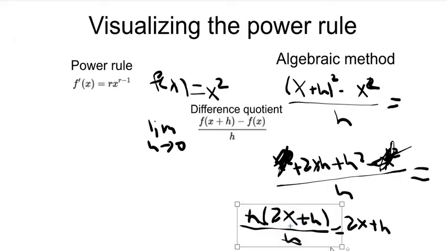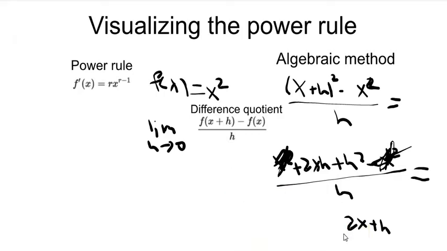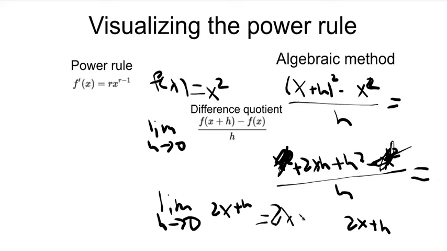But why is there still an h if the derivative doesn't have an h? Well, this is where the limit comes in. The limit as h approaches 0 of 2x plus h. With our limit properties, we could plug in 0 for h, which would be equal to 2x plus 0, which is ultimately 2x, the derivative of x squared.